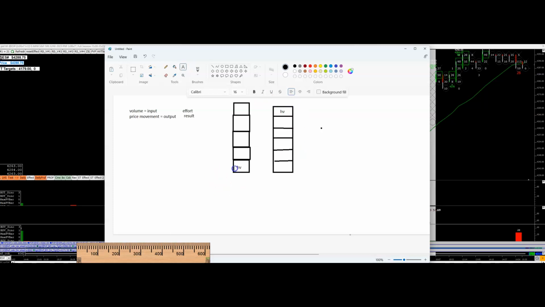So in the first case, we're going to assume that there was a base before it, and you had this high volume here, or here, or here.